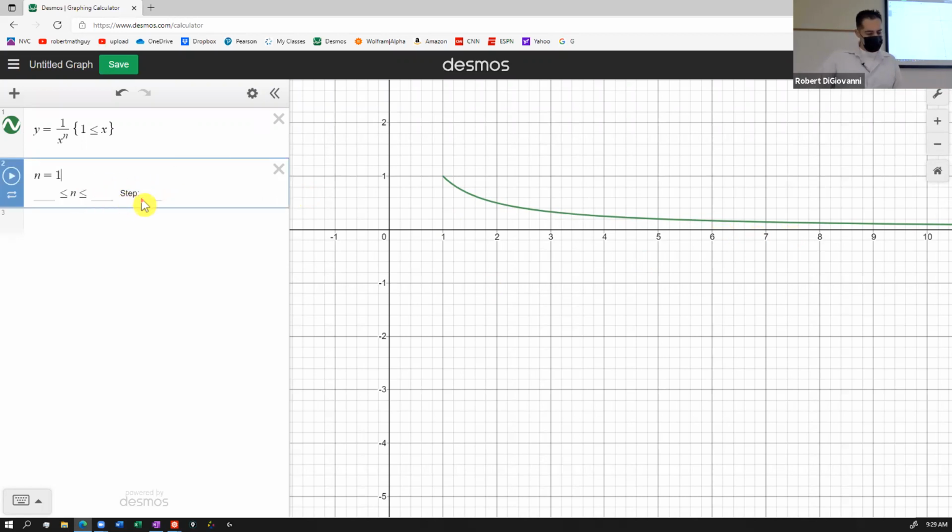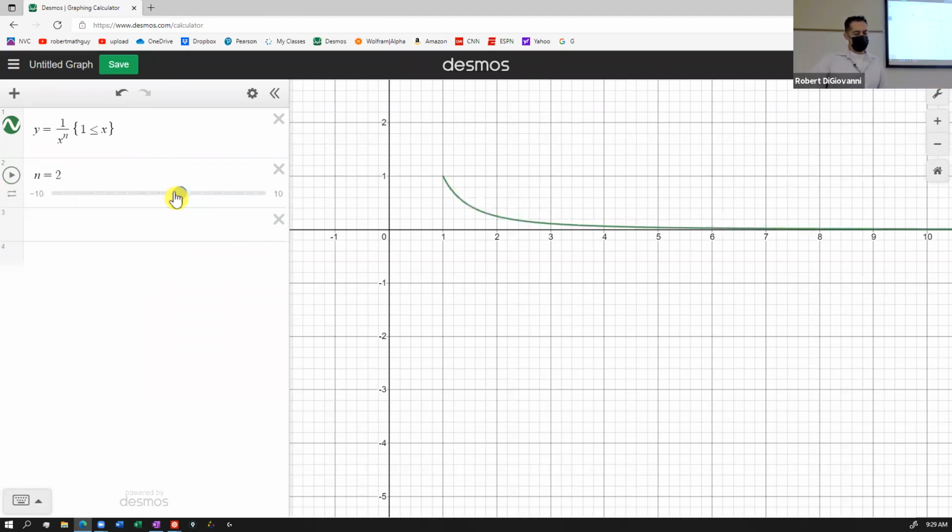I'm going to change this to step by 1. Picture looks almost the same, right? But that area converges, which means it's finite. If I do x cubed, finite, finite, finite, if I keep going.